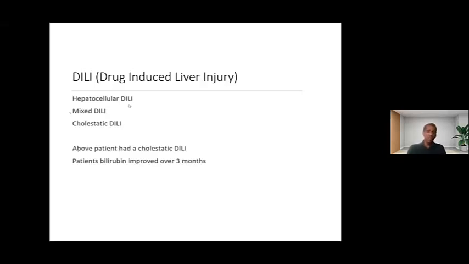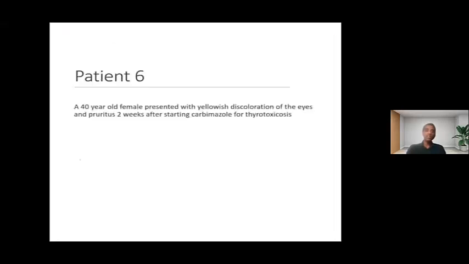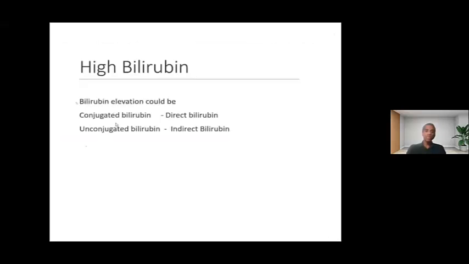So what are the common drugs which can give rise to transaminitis and cholestatic hepatitis? Mainly antibiotics like co-amoxiclav, anti-epileptics like phenytoin, drugs given for thyrotoxicosis like carbimazole, and NSAIDs, non-steroidal anti-inflammatory drugs.